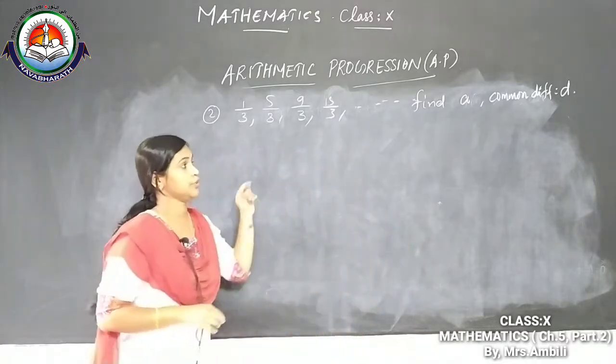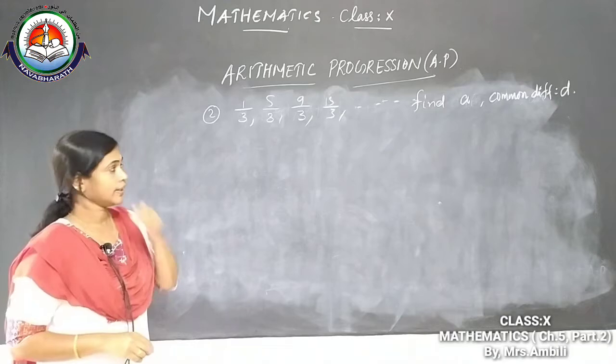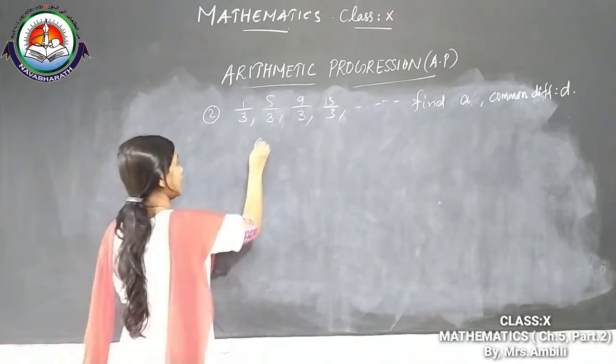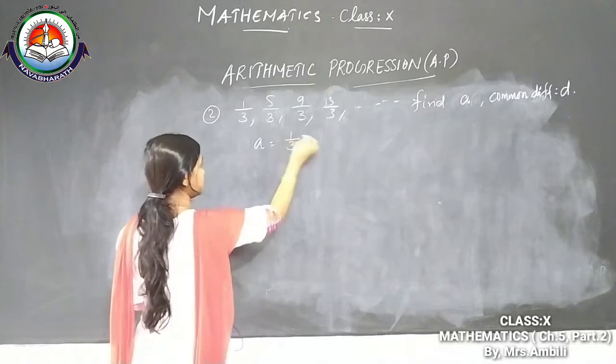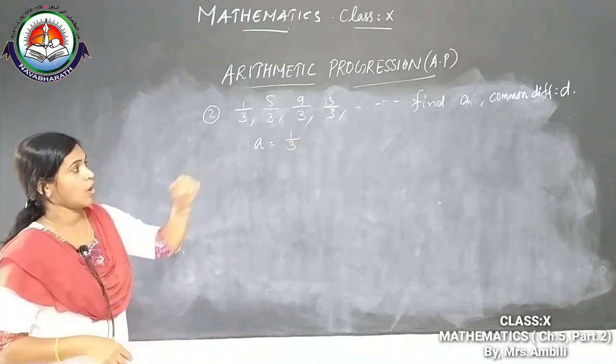AP is given. We need to find out the first term and the common difference. Okay. So from the question itself you will get the first term. What is A? A equal to 1 by 3.